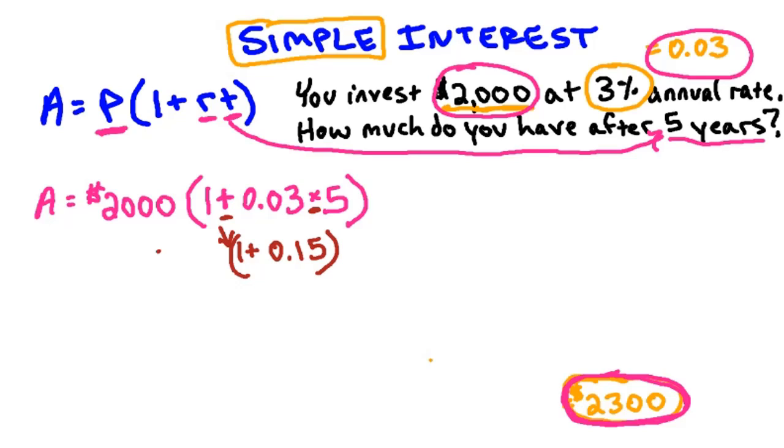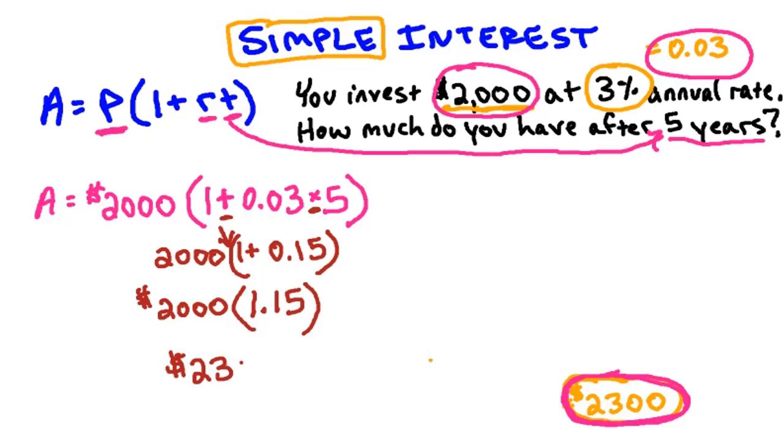And outside of the parentheses, we still have this $2,000 we need to multiply. So within the parentheses, 1 plus 0.15 is going to be 1.15. And then outside the parentheses, we still have to multiply it times $2,000. So $2,000 times 1.15 is $2,300.